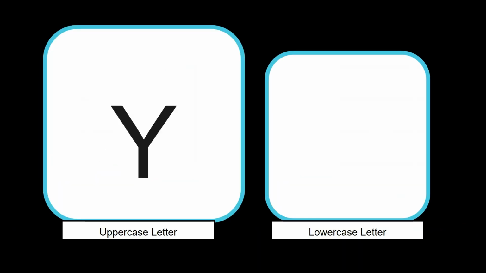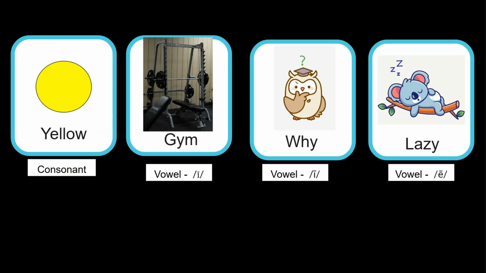Next letter is Y. Y. Now this, when I was growing up, we always said sometimes Y when it comes to vowels, and you're going to see exactly why. So as a consonant, it makes the sound Y, just like in yellow. As a vowel, it makes this I sound in gym. As a vowel, it makes the I, just like in the word Y, and it also makes the E sound, just like in lazy.